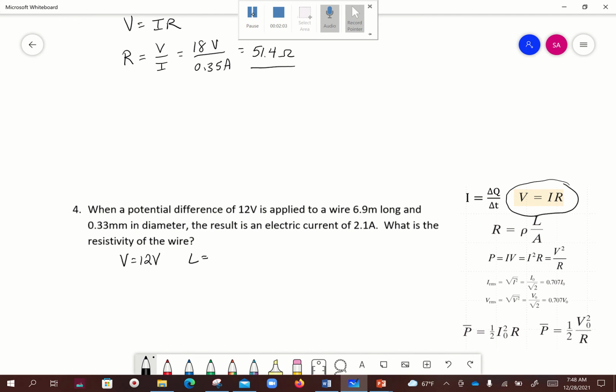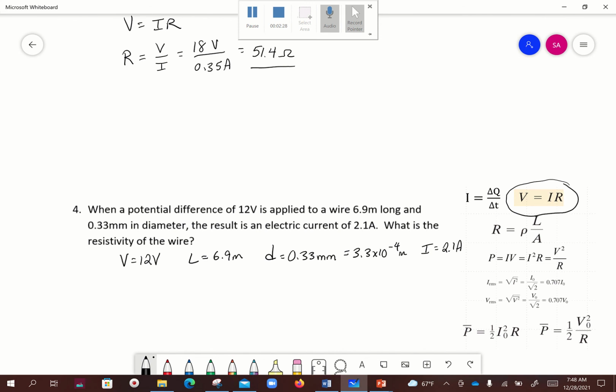L, length, is equal to 6.9 meters, and 0.33 millimeters in diameter. So the diameter, just like we did in problem 2, is 0.33 millimeters. Convert that to meters, so it's 3.3 times 10 to the minus 4 meters. The result is an electric current of 2.1 amps. So I equals 2.1 amps.